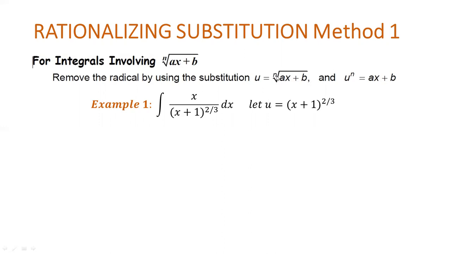For example, this is 3. So meaning your ax plus b is raised to 1/3. To make 1/3 a whole number, you need to multiply the entire equation that you have here by 3. So what will happen? Your u now will be raised to 3, and now this expression, which was originally raised to a fractional exponent, is now raised to 1.